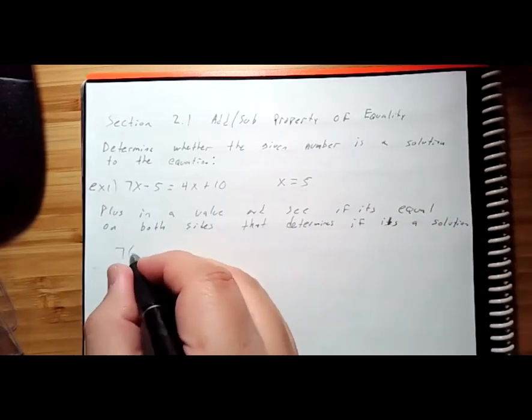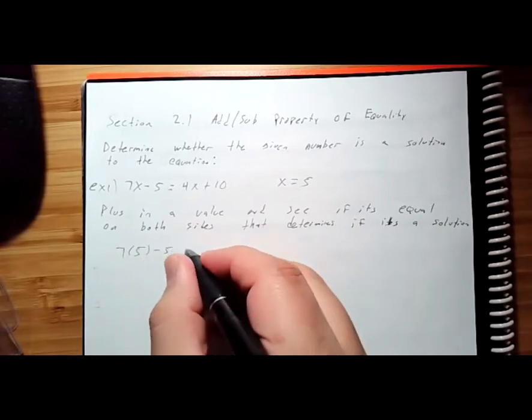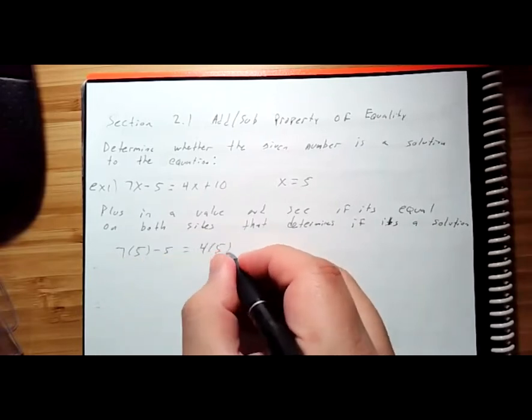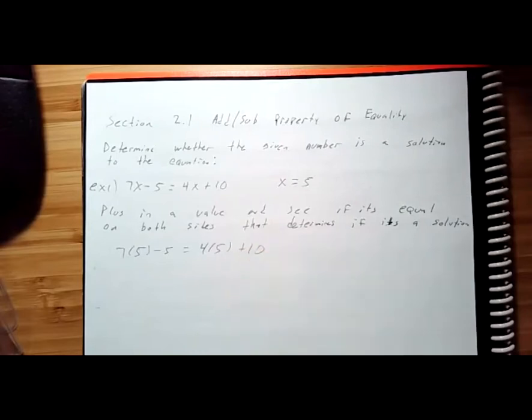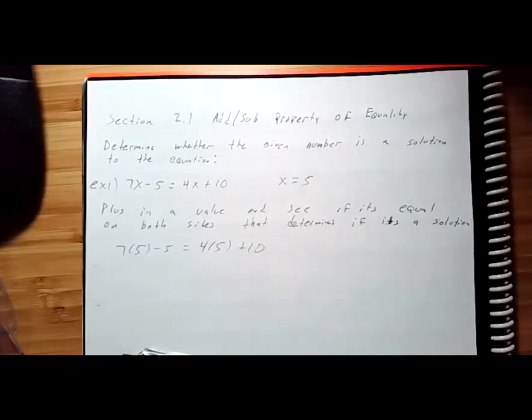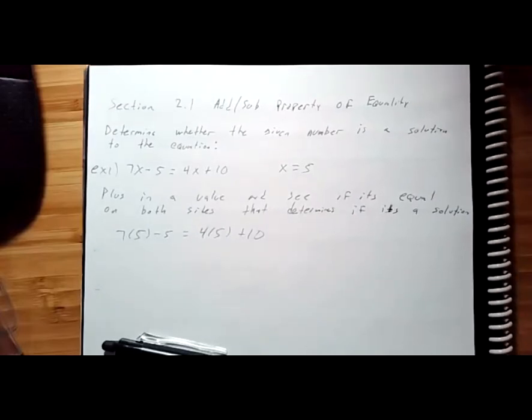So here we go. 7 times 5 minus 5 is equal to 4 times 5 plus 10. So on the left side, what do we get?